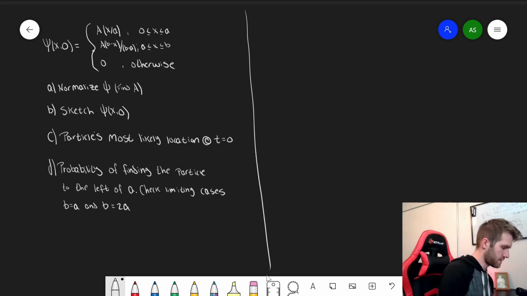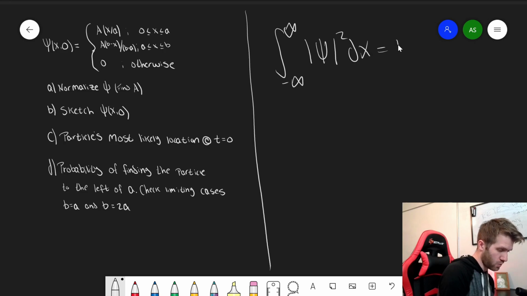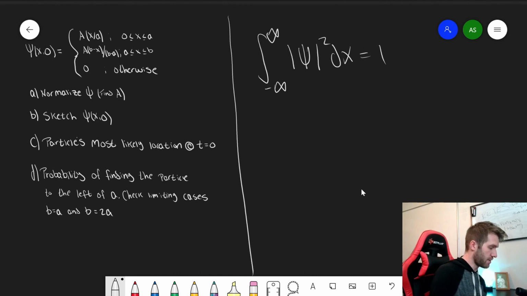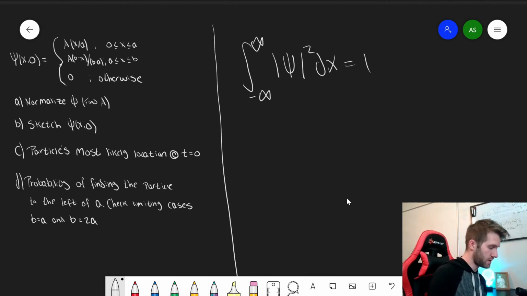So we know that our wave function condition, from negative infinity to positive infinity of our square modulus term with respect to x, is equal to 1, right? Well, as you can see here, our boundary conditions are a little bit different.